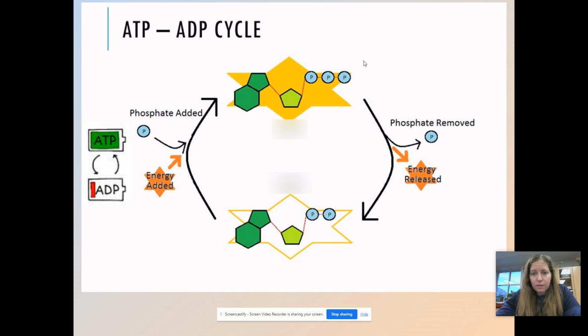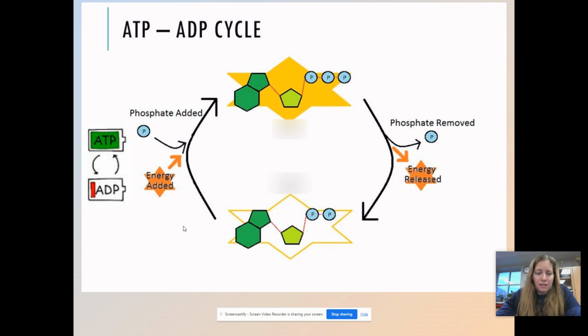when those bonds are broken and made to remove that phosphate group. So when the cell needs energy, it'll take the molecule of ATP, it'll remove one of those phosphate groups, and the bonds that are made and broken during that process end up releasing a net of energy. So energy is ultimately released. You're then left with a molecule of ADP, adenosine diphosphate, with 2 phosphate groups attached.